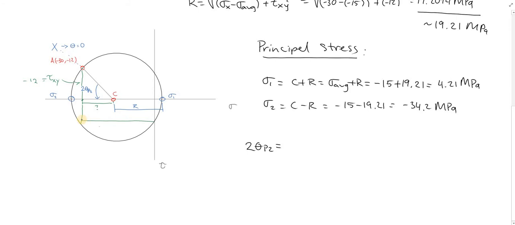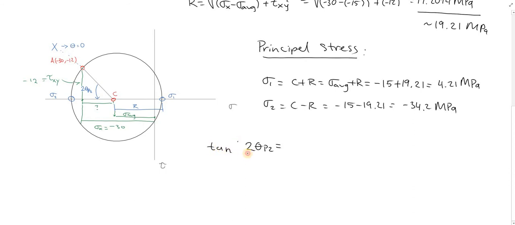So this one here is -30. And we know up until the center point and to the axis. That's just the same as finding the location of the center point, which is our average stress. From that, we can find our, I'll extend this completely.